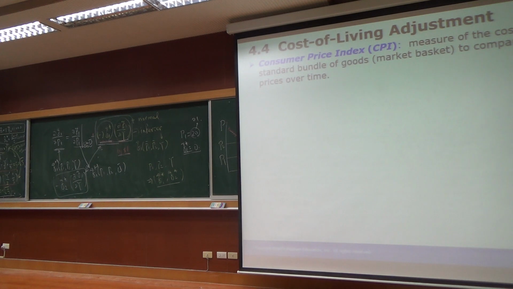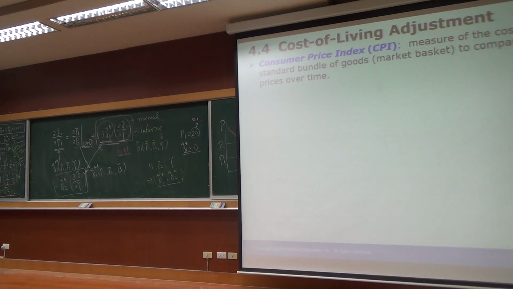If you want to compare something, let me give you an example. For example, after your graduation, you find a job making a salary of, say, $50,000 per month. Not bad, right?